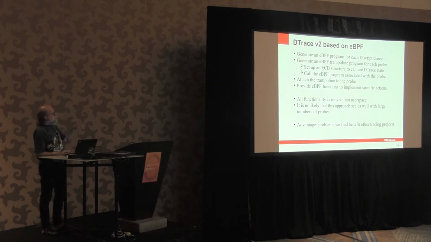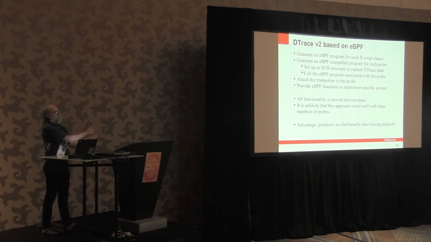And we're doing typically two. One is a trampoline from the probe that sets up what is similar to a context and then calls the actual eBPF program for DTrace. That means we have a consistent set of data that we can work with. And then we just attach to the probe and do typical probing. If we find issues, it means we're working with existing code, and we can flag that, we can work out solutions.